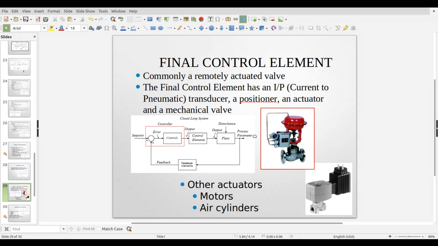All right, so our final control element is also known as an actuator, right? And I think we talked at least a little bit about these before, but this final control element here is something that we're going to feed from our analog output, and we're going to send out a 4 to 20 milliamp signal or 0 to 10 volt signal to this device, which in this case is a valve.